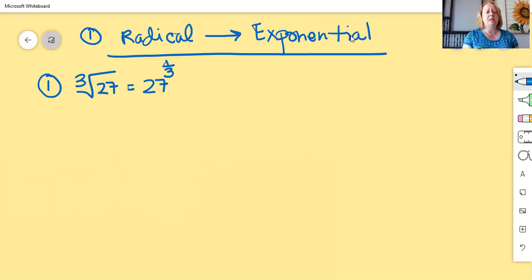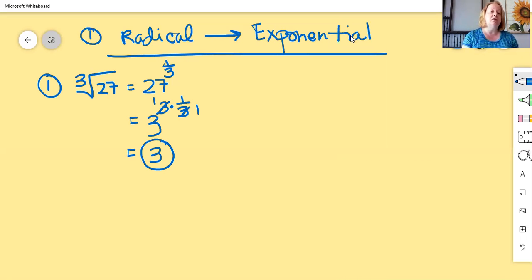Well, let's see if I can simplify this down a little bit. I know 27 is 3 cubed, but I still have that 1/3 power here, so I can cancel these. And my answer is going to be the number 3.